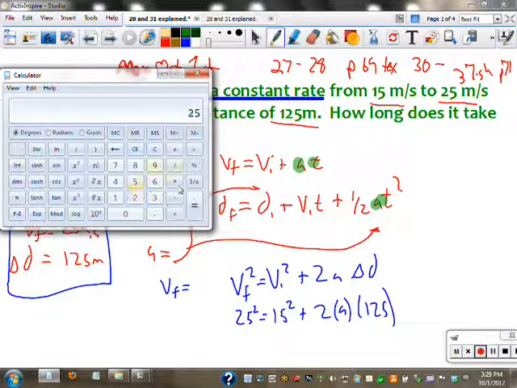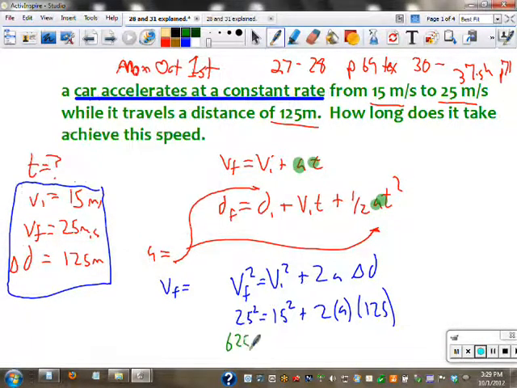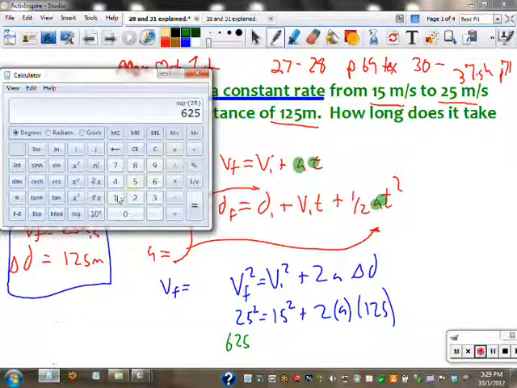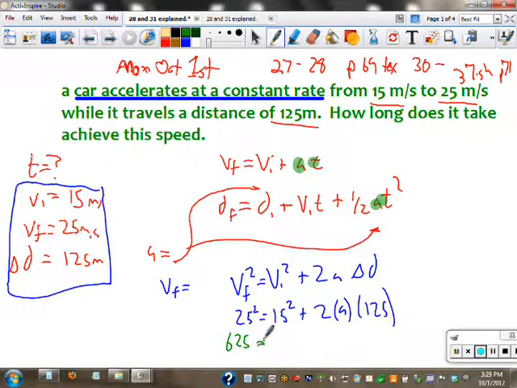So let's start with 25 squared. That's 625. 15 squared equals 225 plus, and I can just multiply these two, acceleration times 250. Next step is to move the 225, minus 225 here. 625 minus 225 is 400.